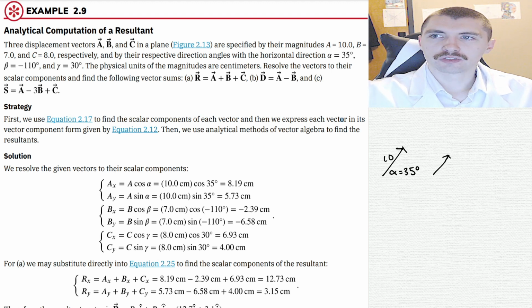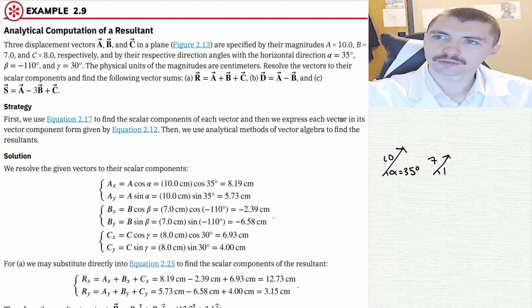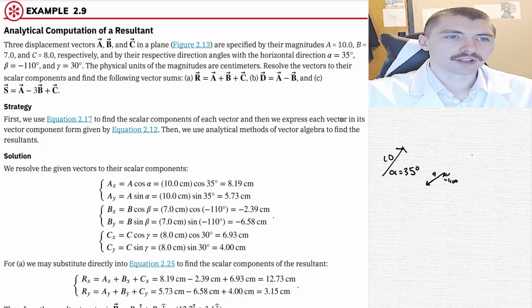We have 7 at beta equals 110 degrees, so negative 110 degrees is... and gamma is 30.